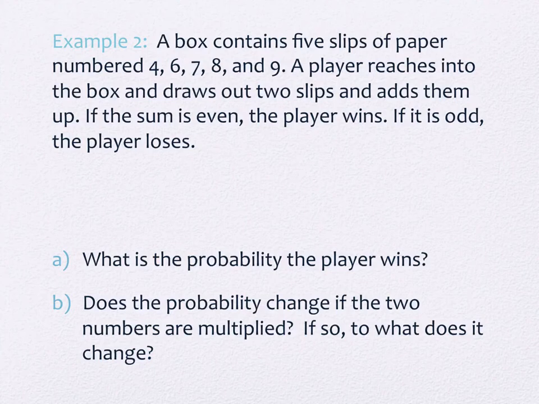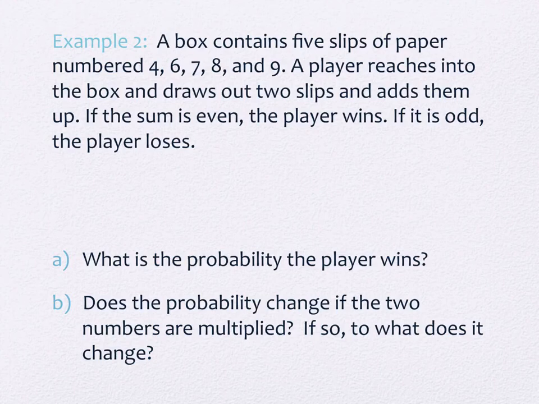It has to do with whether they add up to something even or something odd. Does that make sense? So my outcomes really aren't my individual number picks. My outcomes are whether or not the picks end up giving me an even or an odd sum. So what we're going to do is actually write out all the different outcomes that we can have when we grab two numbers.